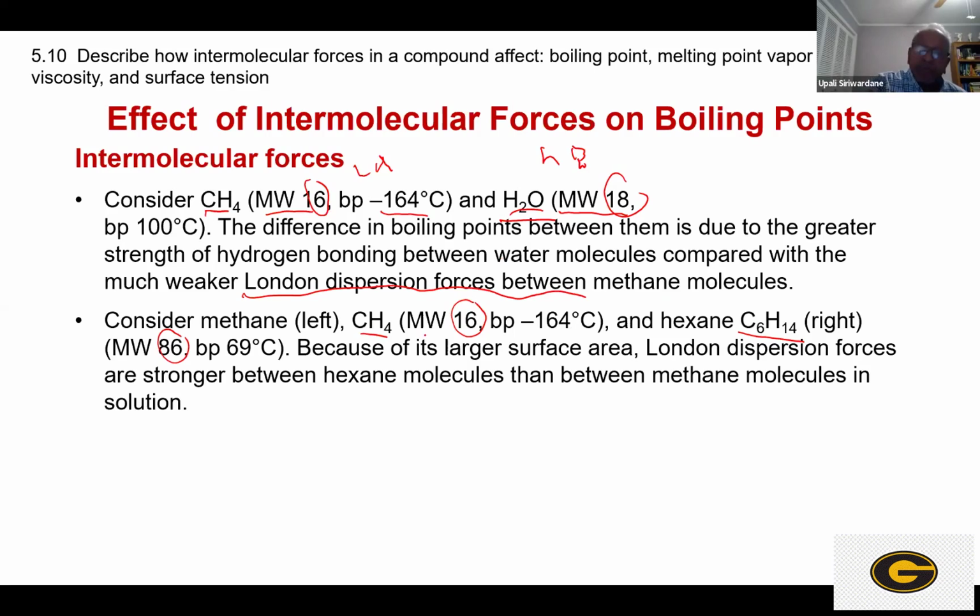Therefore, you can see that when the London dispersion force is present, the greater the molecular weight, the higher the boiling point. Hexane has 6 carbon atoms, a hydrocarbon. Ethane, methane has 1 carbon. This has a low boiling point.